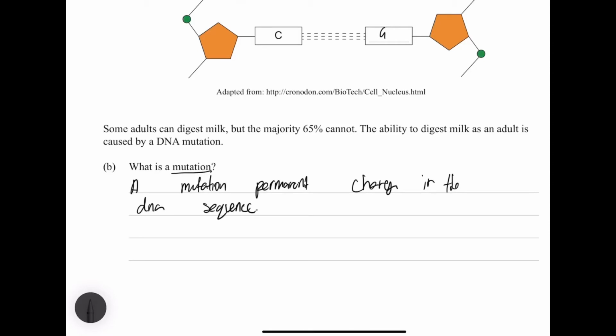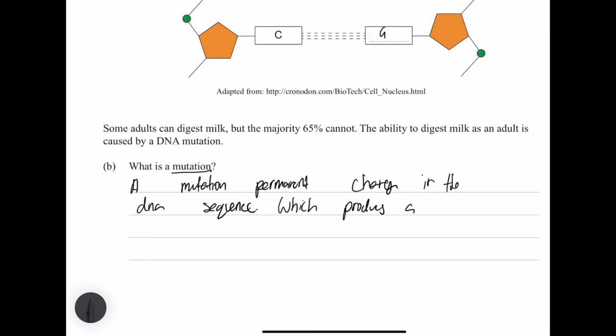And because of this change in the sequence, a new allele can be produced, which causes a new allele. So is question B there?